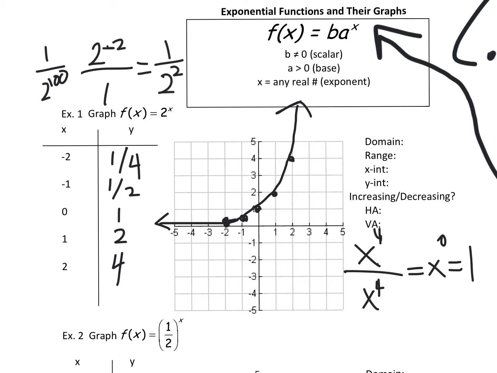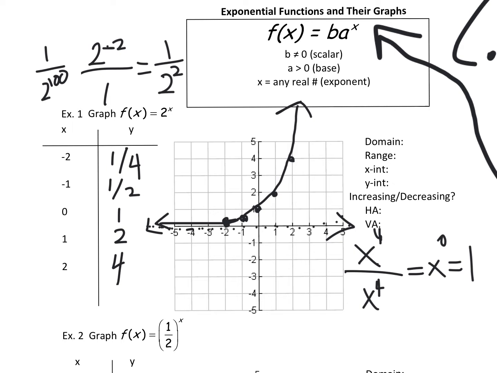So we get this kind of flattening effect where it, what is called asymptotically, gets closer and closer to that horizontal asymptote. So that's our general graph for an exponential when we're sketching.